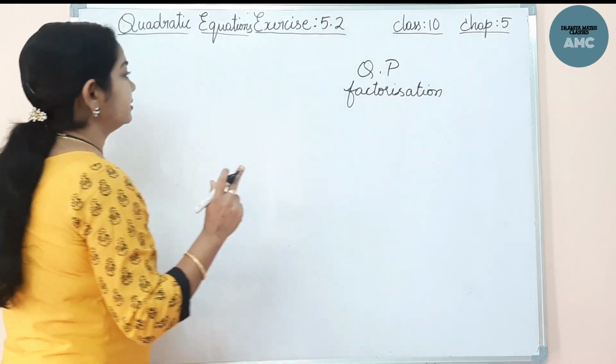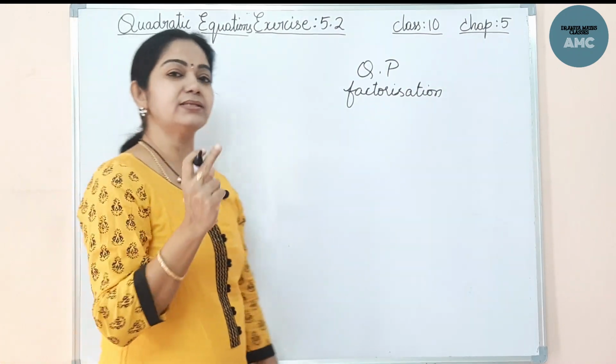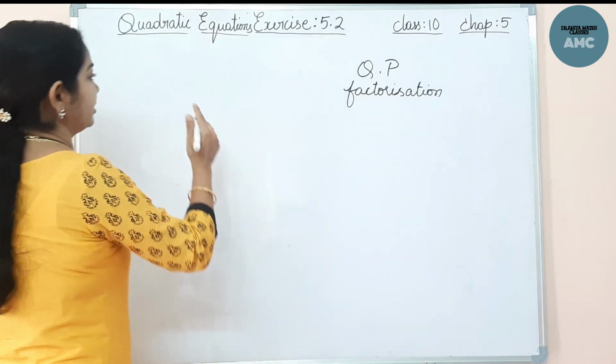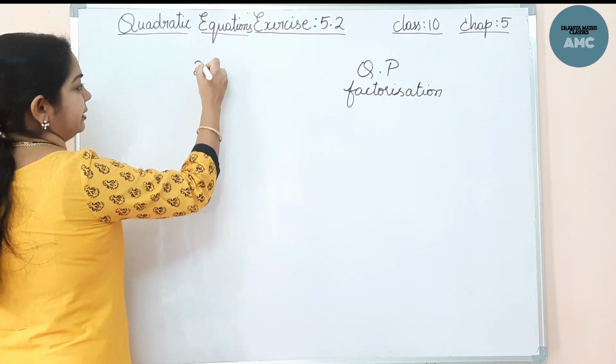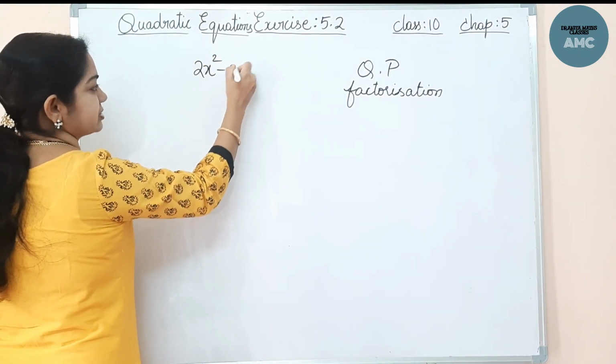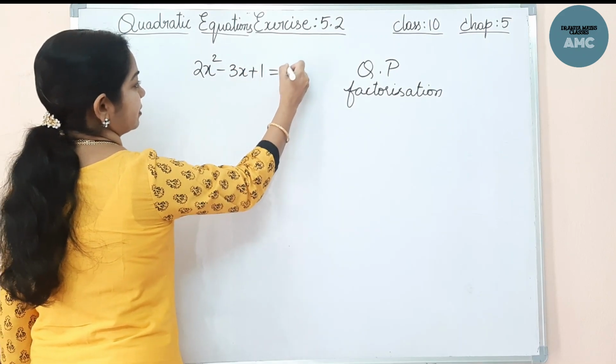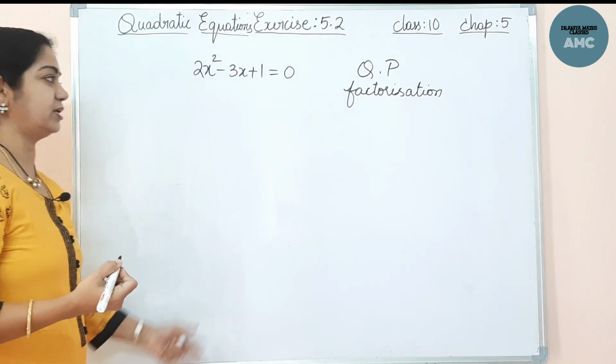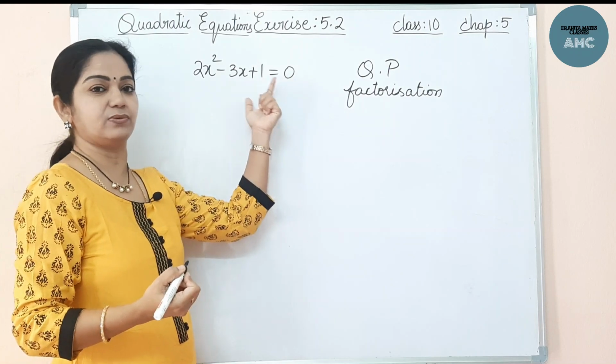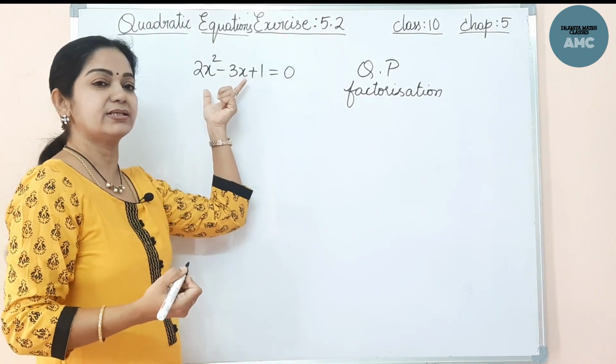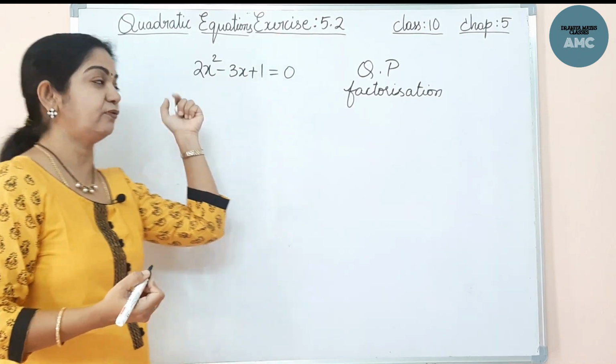Now here let me quickly revise the previous concept. If you take an example, let me take 2x square minus 3x plus 1. This is a quadratic equation because it is equated to 0. If there is no 0, we call it a quadratic polynomial p of x.